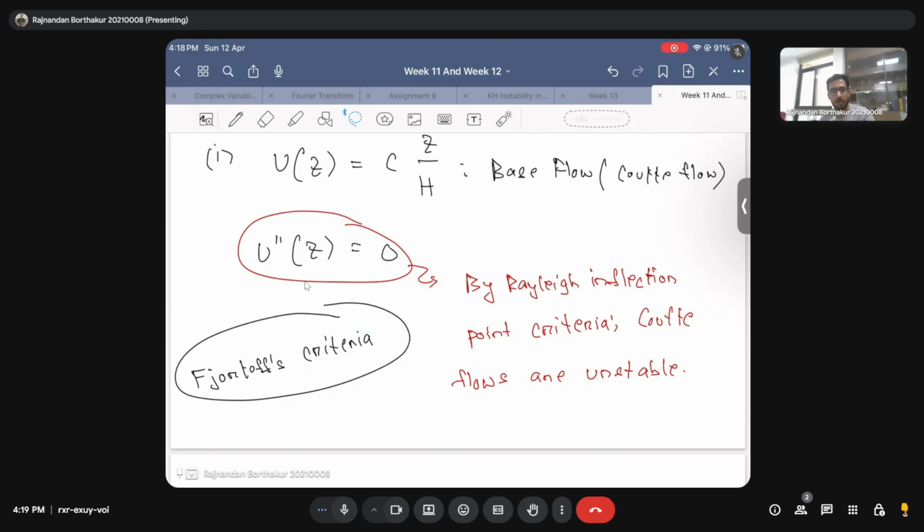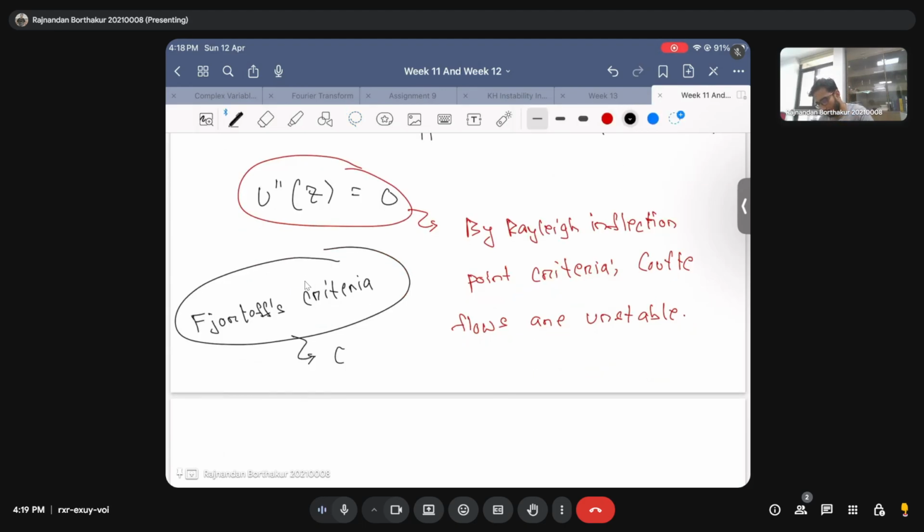So although Fjortoft's criteria is also not a sufficient condition to assert the stability of the given base flow, it is a stronger criteria than the Rayleigh inflection point criteria. I'm not showing you the criteria, but if you apply it just like how we applied the Rayleigh inflection point criteria, you will see that Couette flows are essentially stable.